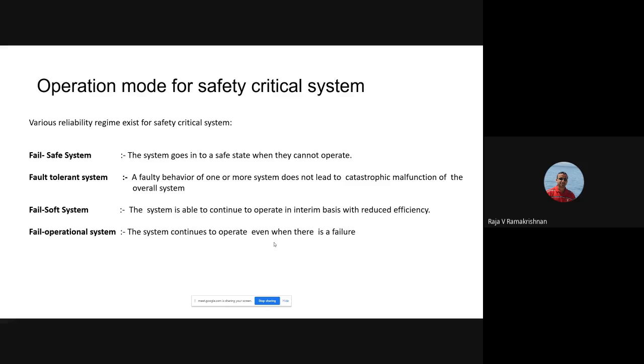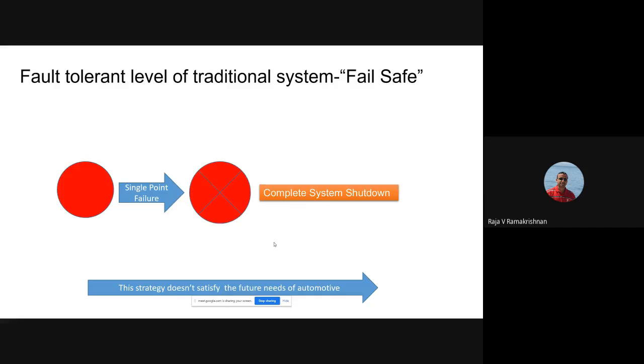There'll be a warning at the end of it, but there is no performance degradation. So if you look at these 4 types of safety critical buckets, if you drill down, you will have to design your motor drives and your power electronics in such a way that they satisfy either a fail safe or a fail operational system.